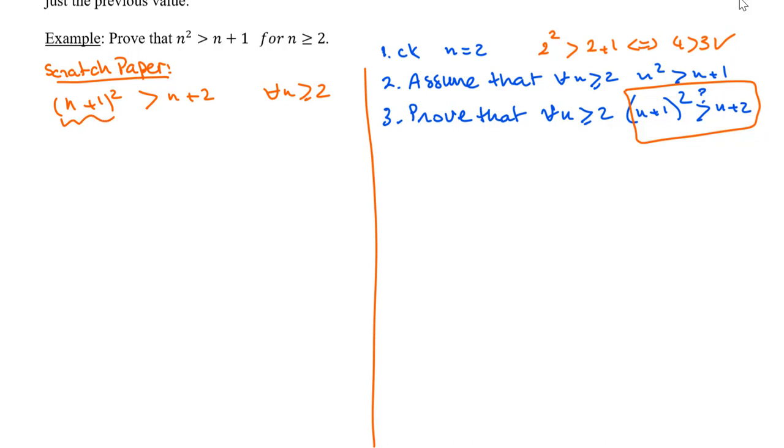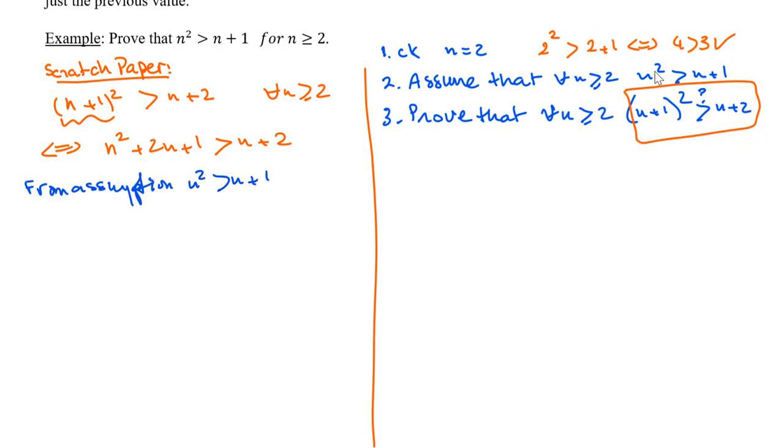So n plus 1 quantity squared is equivalent to n squared plus 2n plus 1 greater than n plus 2. So we stop here and think. We know from the assumption that n squared is greater than n plus 1. So what we could do is add 2n plus 1 to both sides of the assumption.